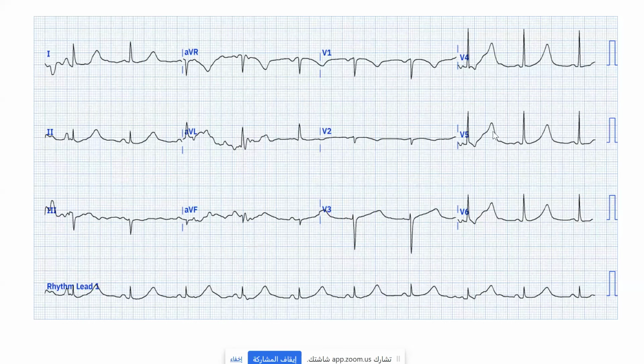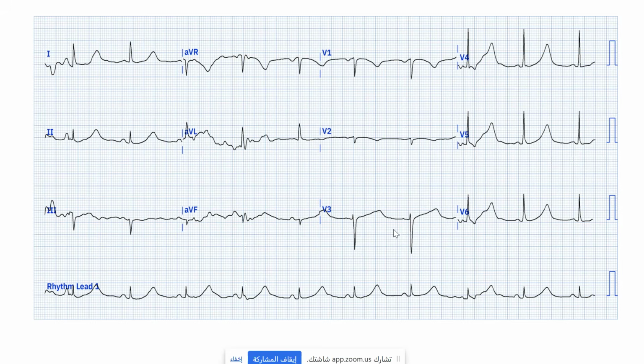So well done. I'm not sure who's talking. There is a very long QT. If you calculate it from here to here, it's very long, corrected more than 600 milliseconds. In those patients, you will be very careful not to give them medication leading to further prolonged QT and leading to ventricular arrhythmia and sudden cardiac death.